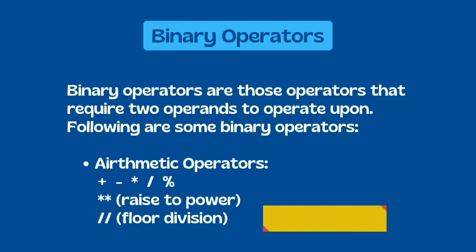Okay, exponent, what does the exponent do? It generally raises to the power. Okay, and the float division. See, in Python there are two types of division. When it comes for simply division, that simply division will be returning a floating value, but the float division will be returning the value in integer data type.